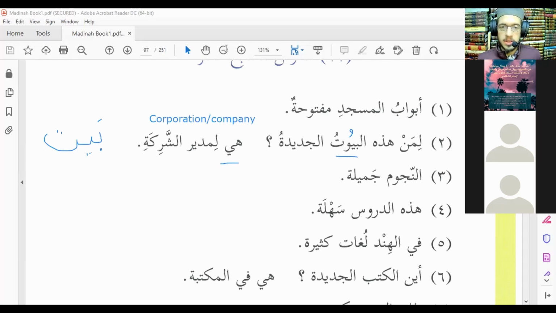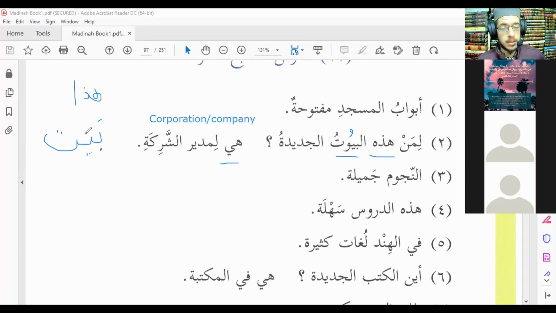Okay, let's go to the beginning of the sentence. Let's break it down. Okay, we have al-buyutu. We noticed that is the plural of bait. So now remember what we're learning here. We're learning about groups of non-human objects. The first thing we notice is that they gave us hadihi instead of hada. If it had been singular, bait, liman, it would be liman hada al-bait, right?